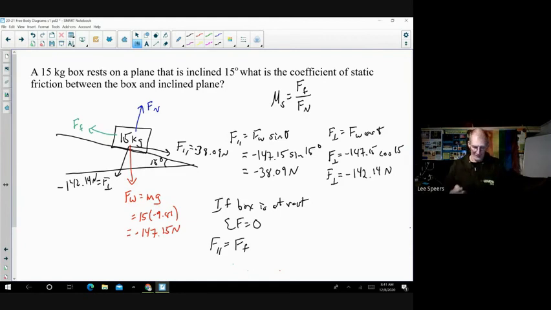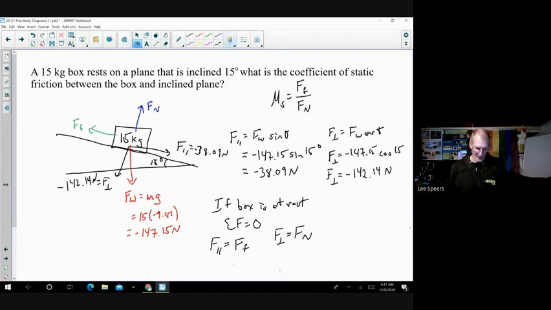So those two are going to be equal in magnitude, but opposite in direction. You can see that on the drawing. Similarly, the perpendicular component and the normal force are going to be equal in magnitude and opposite in direction, because those two things are going to have to balance out.